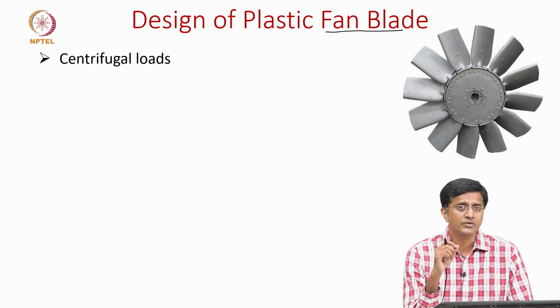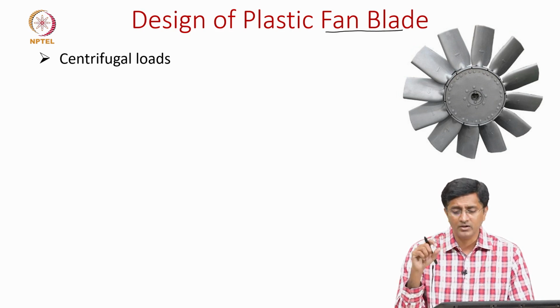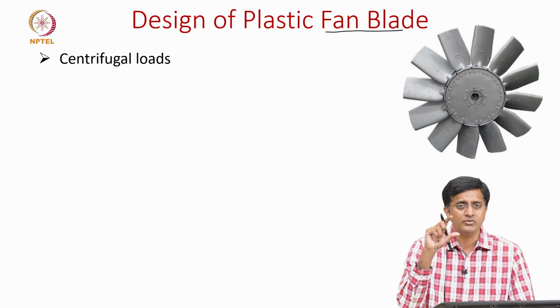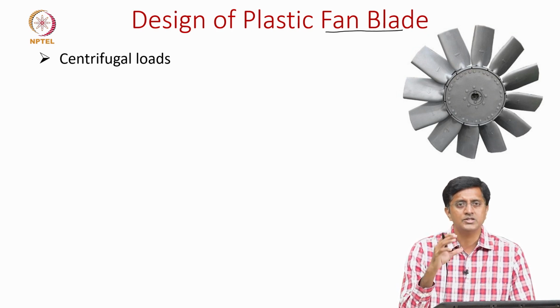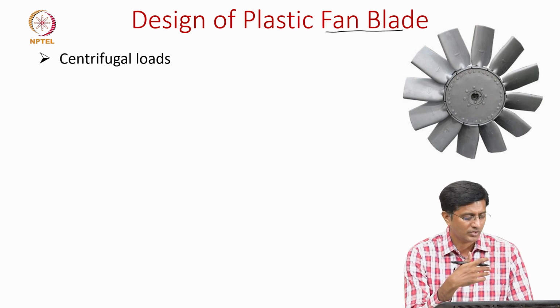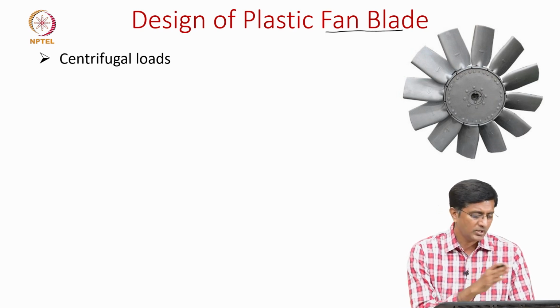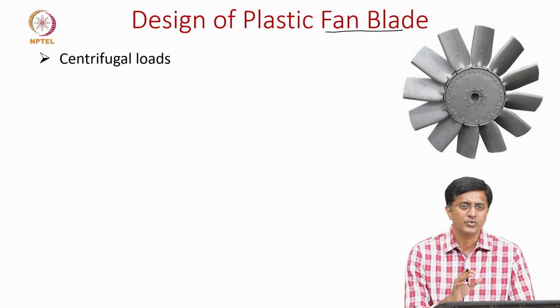How do we use these centrifugal loads? We use this to find what is the elongation in the fan, because now that we know the load, we can find the deformations in the fan, and this is a very standard way of finding deflections or the deformations. This can be found using any classical approach or any standard textbook.